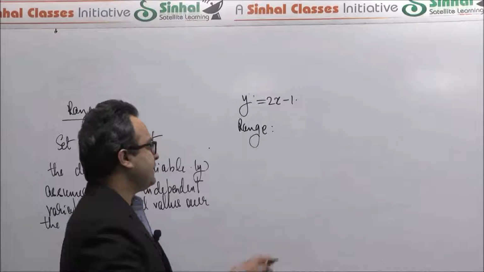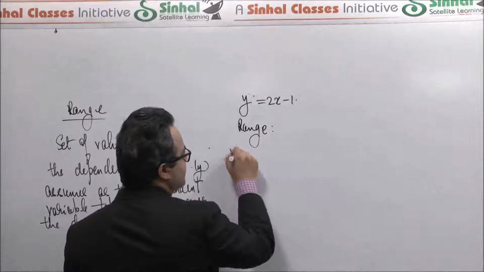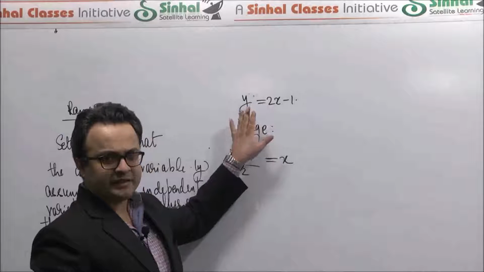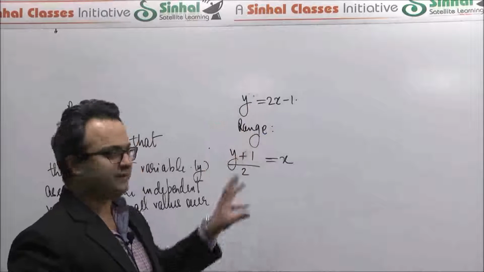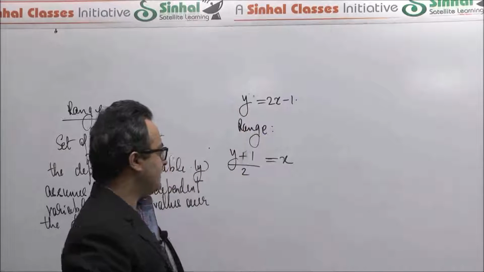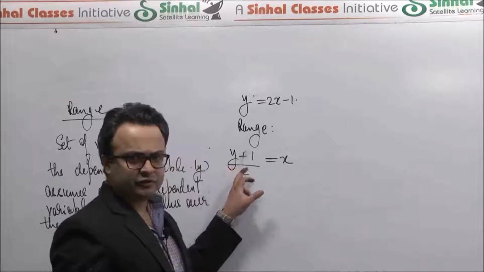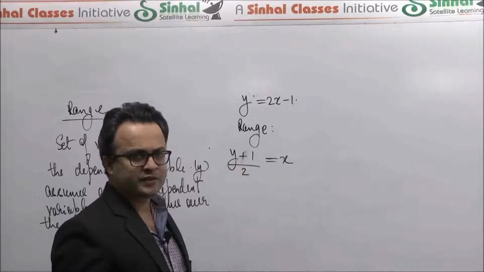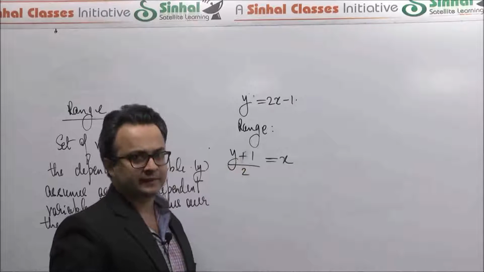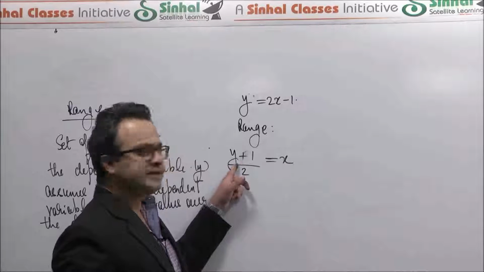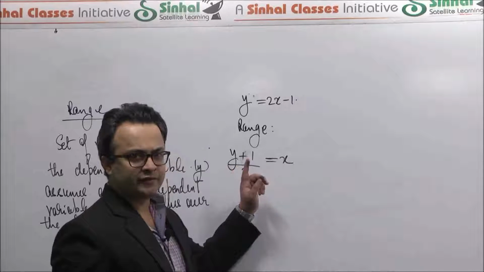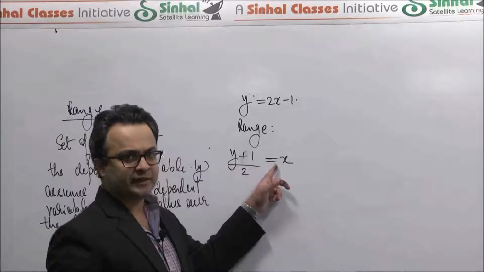Another way in which the same thing can be thought of is that, suppose I rearrange terms over here. y represents the dependent variable, but I just rearrange terms to get it in this form. And the statement can be thought of in this way: what real values can be assigned to y for which the corresponding value of x also turns out to be real? For example, it's easy to see that if you choose any specific value of y, you'll get a corresponding real value of x.